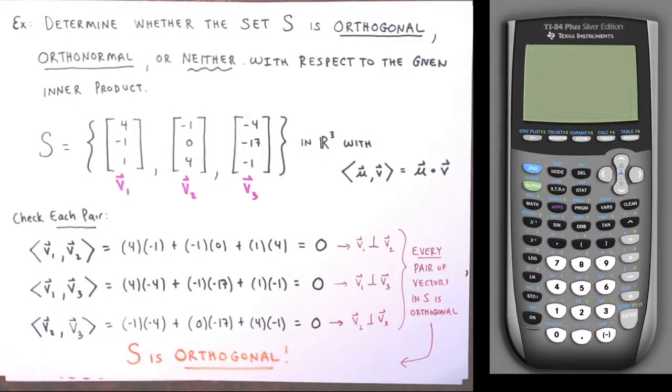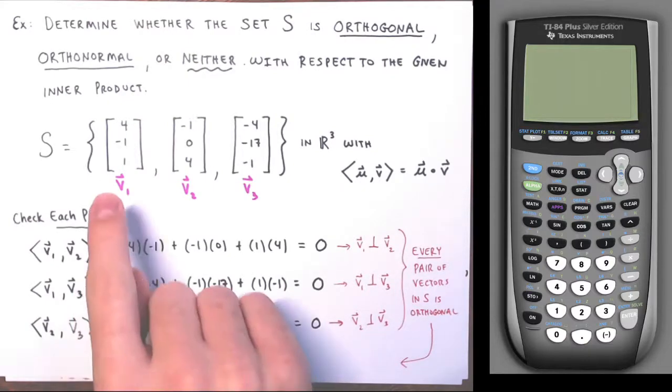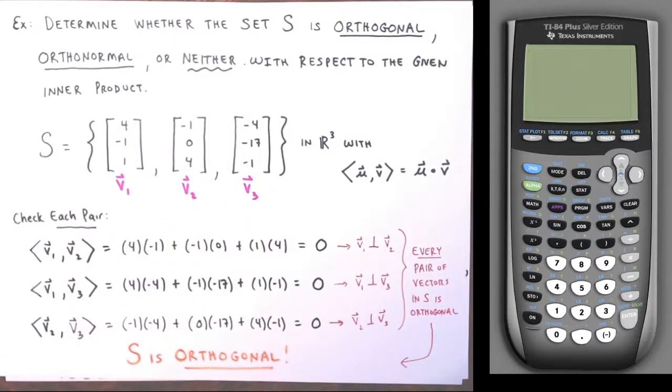Great. All right, and then the question that arises from that, if a set of vectors is orthogonal, like my set S here, is: is the set orthonormal? And it's real simple to answer that one. Just find the norm of each vector.